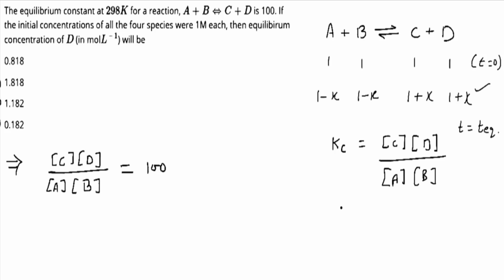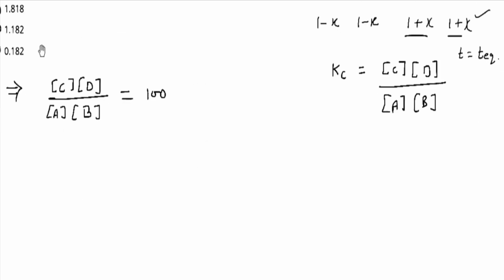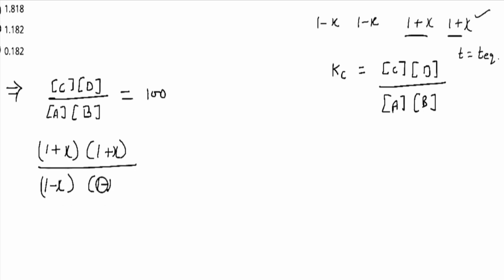At equilibrium, the concentration of C and D is 1 plus x and 1 plus x, and similarly for A and B, 1 minus x and 1 minus x. So I can write (1 plus x)(1 plus x) divided by (1 minus x)(1 minus x) is equal to 100.